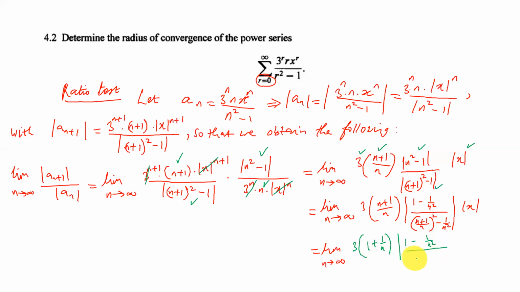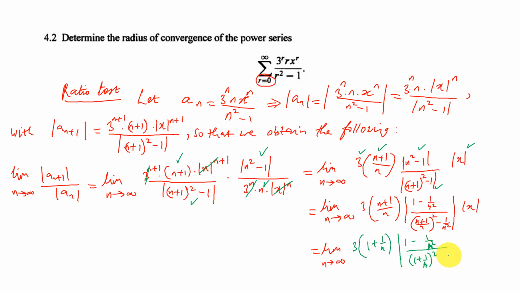You divide everything by what? Here you can simplify this and have 1 plus 1 over n. You square this, so this is n, and that is n.